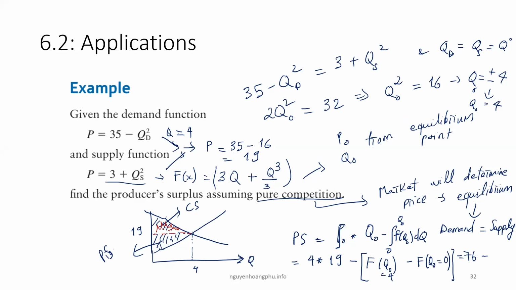So this one is consumer surplus. Okay. This part is producer surplus.